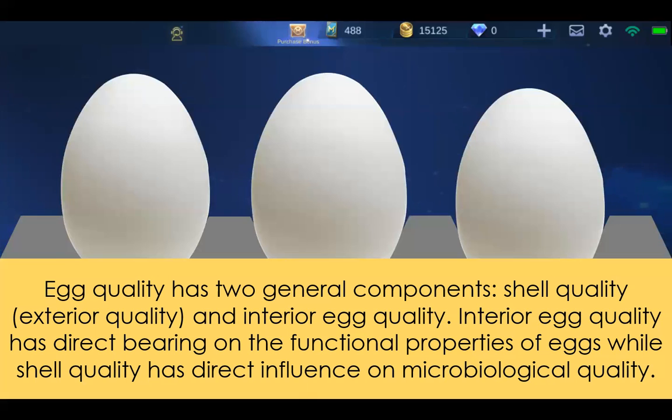The exterior egg quality, on the other hand, is judged on the basis of texture, color, shape, soundness, and cleanliness according to USDA standards. The shell of each egg should be smooth, clean, and free of cracks. The egg should be uniform in color, size, and shape.